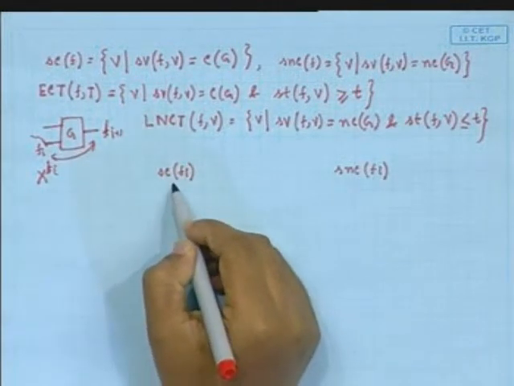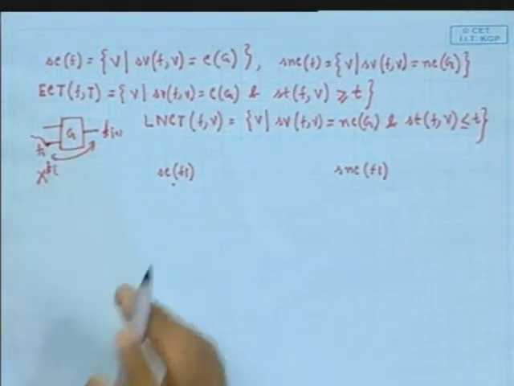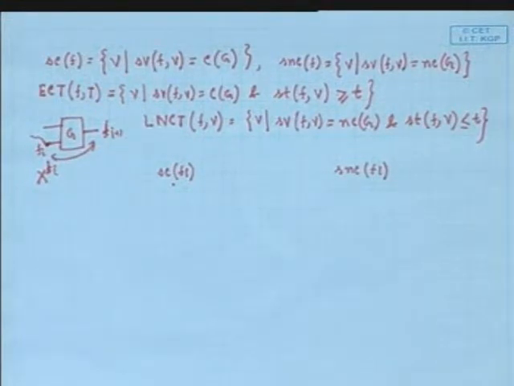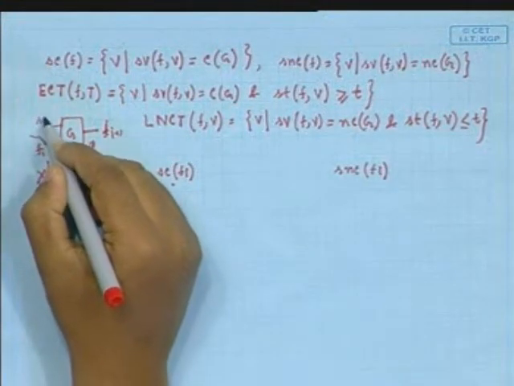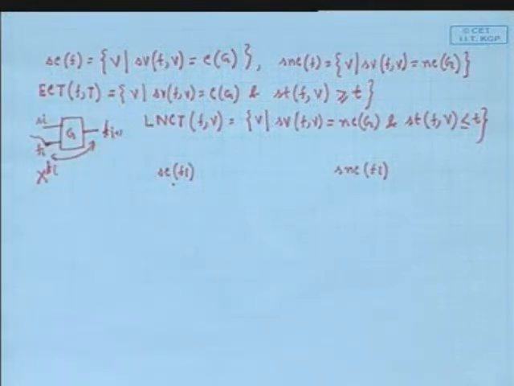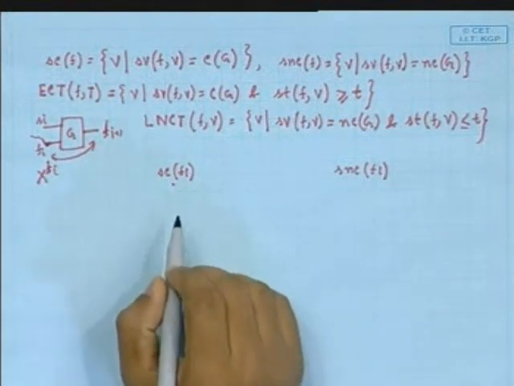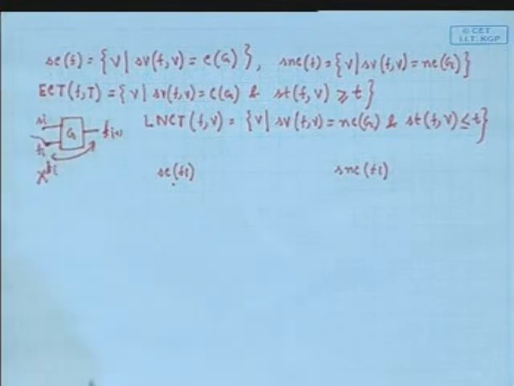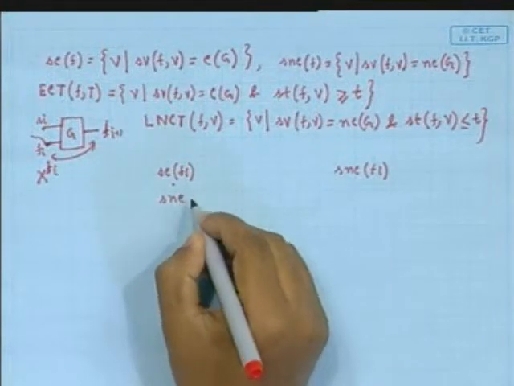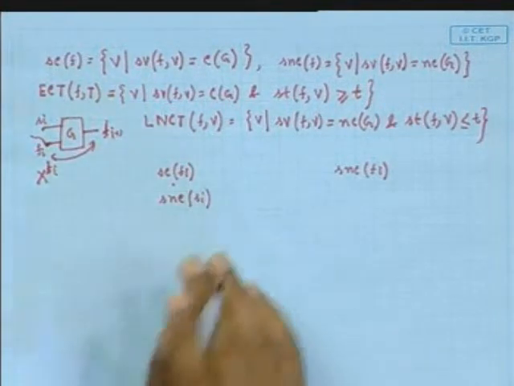For this case, the other input is called the side input. The side input can have a non-controlling value or a controlling value. If it has a non-controlling value, then we don't bother, because the controlling value will determine the delay. So we can take the set of input vectors for which it stabilizes to non-controlling value. That is given by SNC for the side input. Fine.